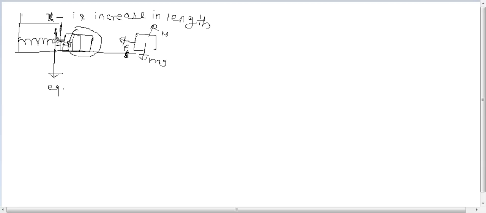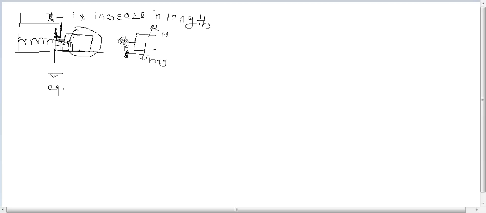Okay guys, so the spring will exert a force toward this equilibrium position. This is the displacement and this is the new position. So what is the equilibrium position? This. So the spring will exert a force toward the equilibrium, so this is the direction.